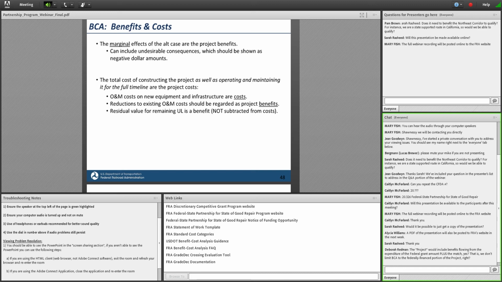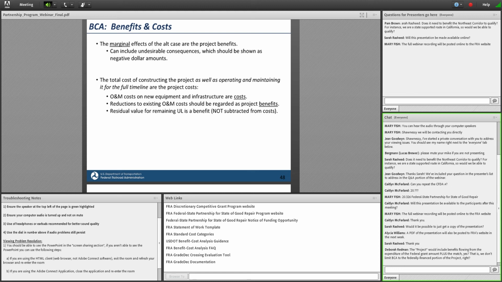And the second point is very important for state of good repair projects. DOT guidance is that if you are constructing new infrastructure, the O&M on that new equipment or new infrastructure should be, for the entire lifetime of the project, included as a cost.